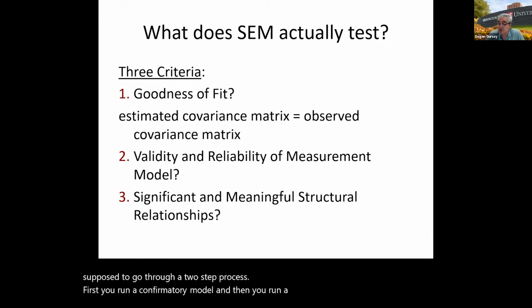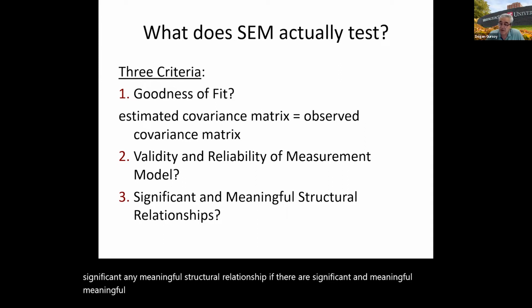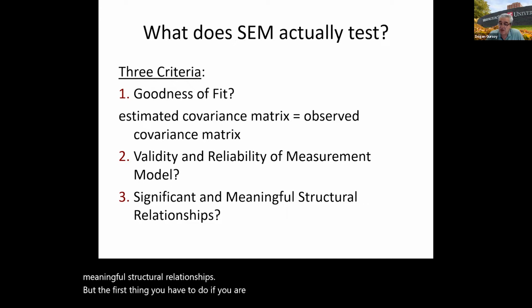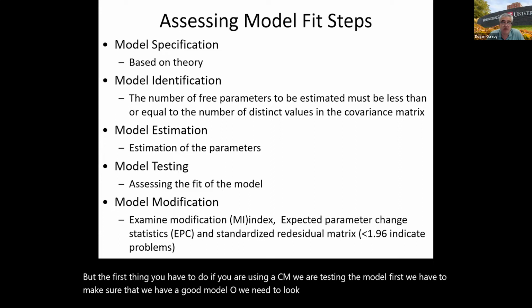Then, as a third step, you look at significant and meaningful structural relationships, if there are any. But the first thing you have to do, if you are using SEM, is test the model. First, we have to make sure that we have a good model. So we need to look at the goodness of fit.